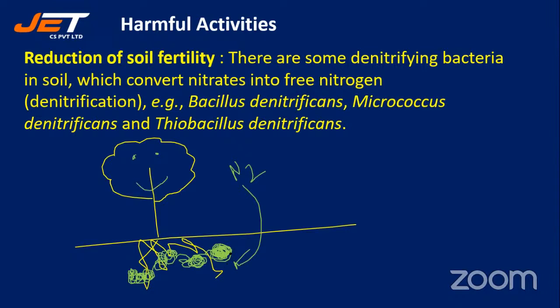But what benefit is this Azotobacter getting? Why does it help the plant? We don't help anyone unless we get something in return. This is the law of nature. So this Azotobacter gets shelter from the plant in the roots. Point number one.